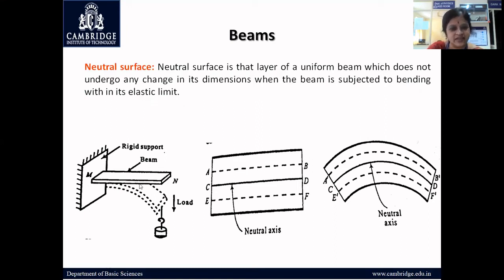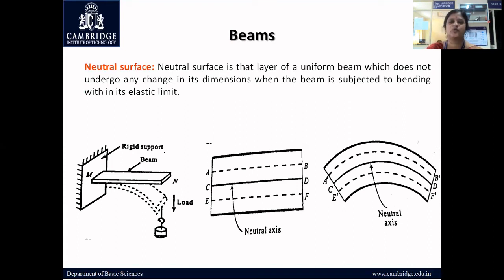So if I say this beam is made up of a number of thin layers like A, B, C, D, E, F, etc., then when you bend the beam, what happens? Here, see, the layer AB got elongated to A'B' and EF got compressed to E'F', but the layer CD is not undergoing any change in its dimension.